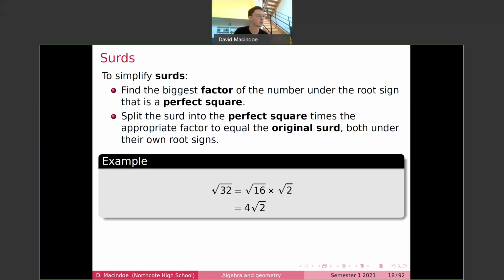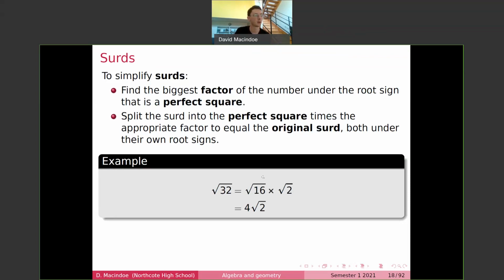But if we look at the square root of 32, some of its factors are 2 and 16, 2 times 16 is 32, right? So pretty reasonably, this root 32 is the same as the square root of 16 times the square root of 2, yeah? Now, the square root of 16 is just 4, since 4 squared equals 16. So then you're left with 4 times root 2, or 4 root 2, as we'd say a bit more simply.